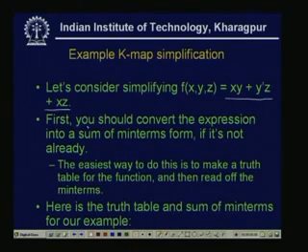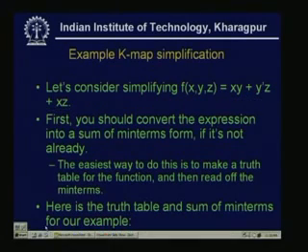First we should convert the expression into a sum of min terms form if it is not already. The easiest way to do this is to make a truth table for the function and then resolve the min terms. So let us see how we can convert it. First we form the truth table.